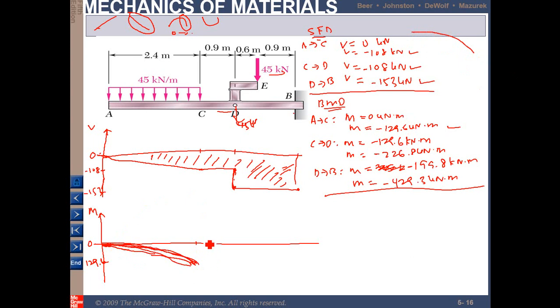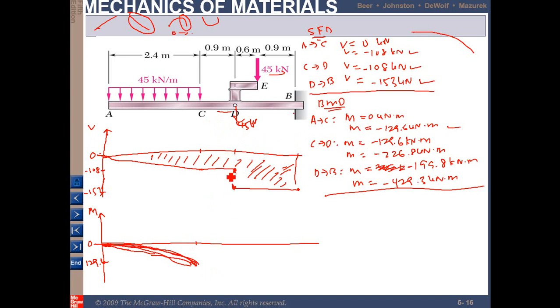Okay, and then from C to D, you got 129.6 as well, which is here, and then it goes to 226.8. From C to D there is no load, so it will go straight for the moment.